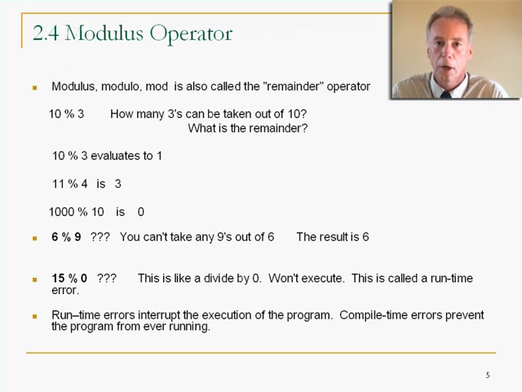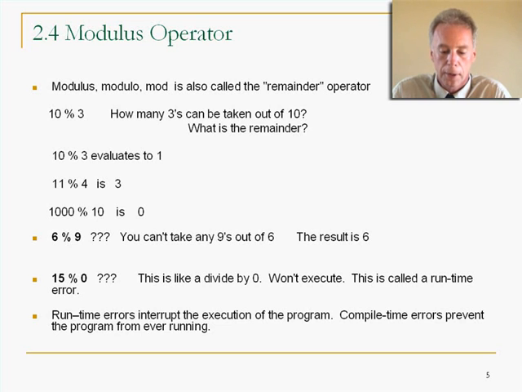Now let's have a look at the modulus operator. It's the only one that you probably aren't familiar with just from high school arithmetic. Modulus is sometimes called modulo or just plain mod, and it's also called the remainder operator. So it's a multiplicative operator.